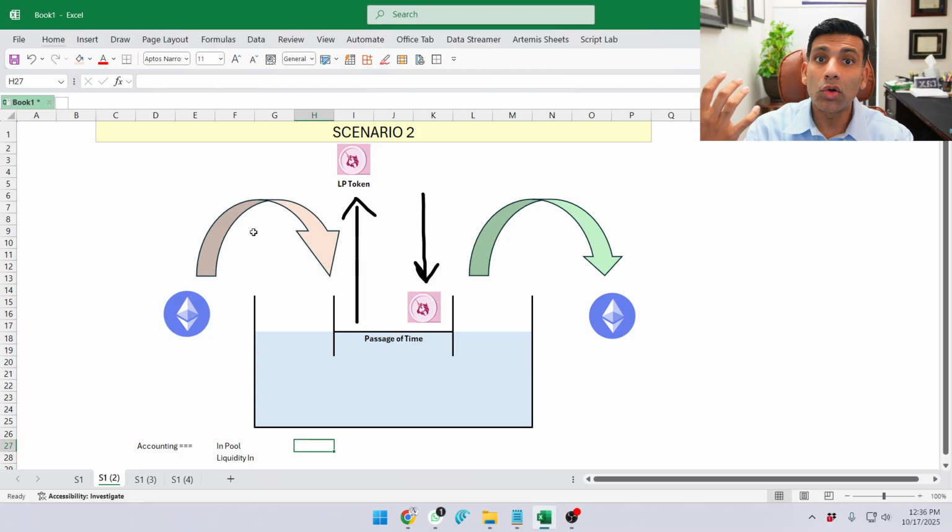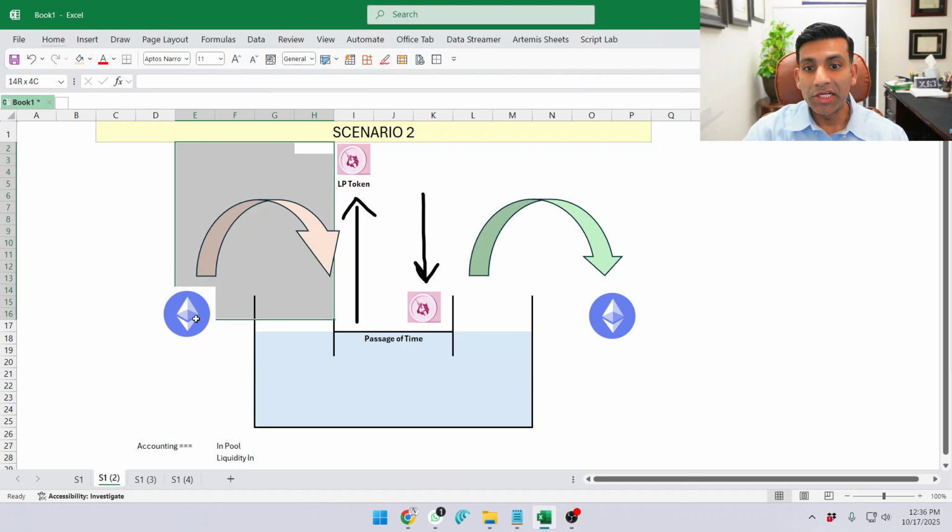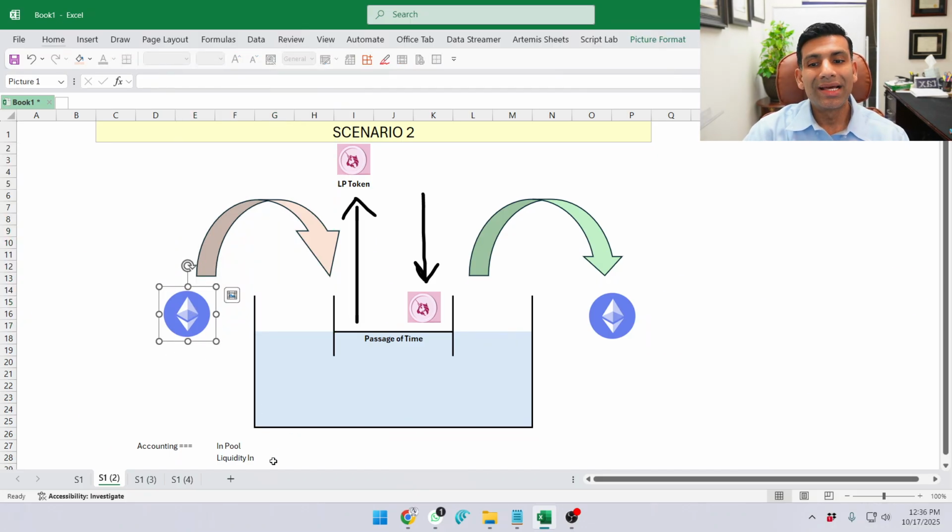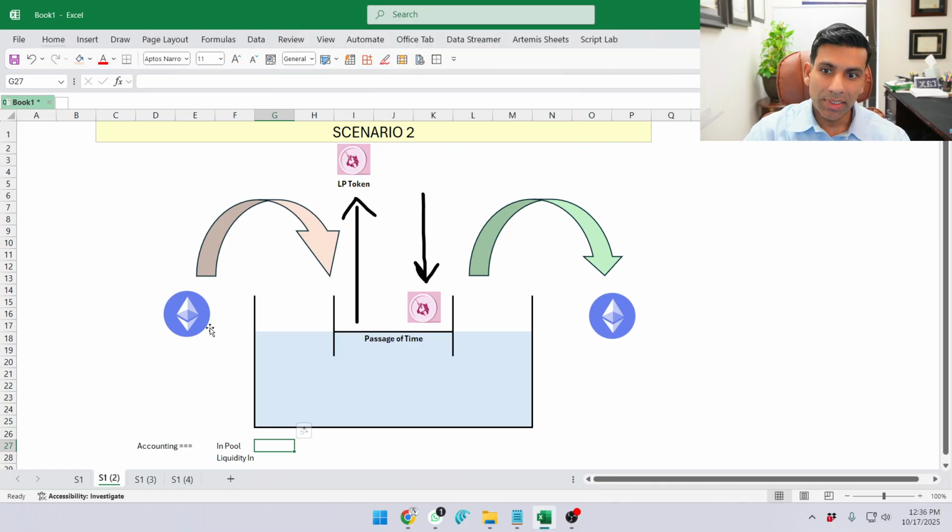And depending on which crypto tax software you're using, there are options where, if you want to take the conservative route, you can have the initial piece, as soon as you go in, as a taxable event, and it will liquidate your crypto. But in reality, that's not what's happening, right? You're just putting a token into a pool.